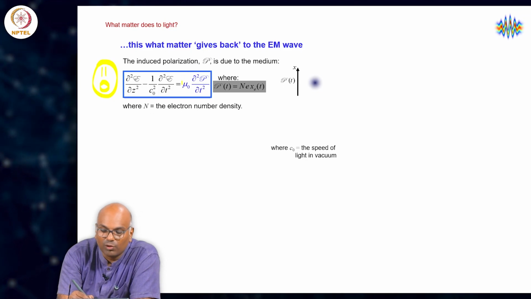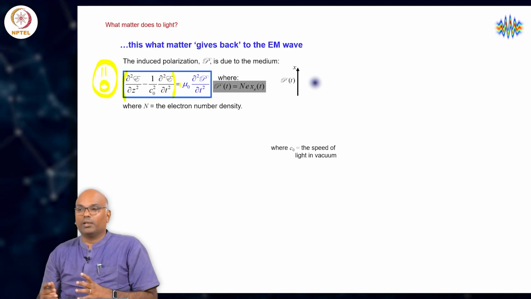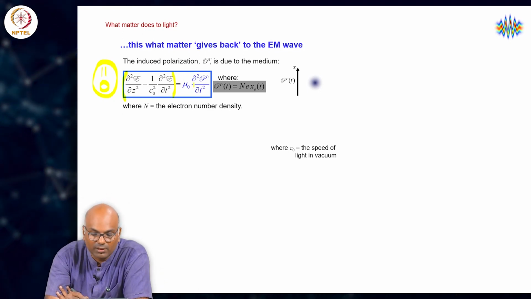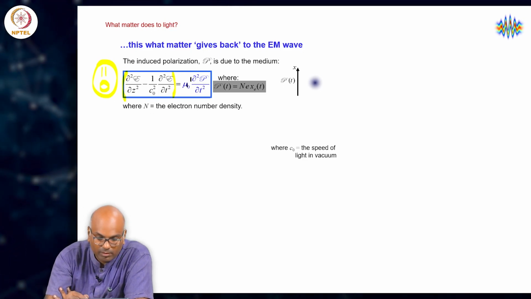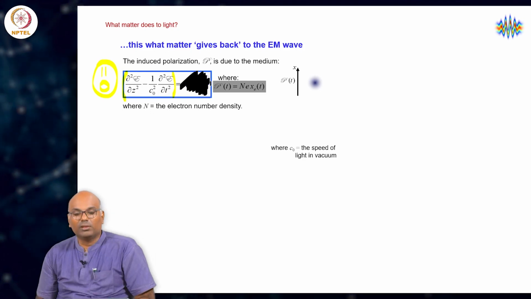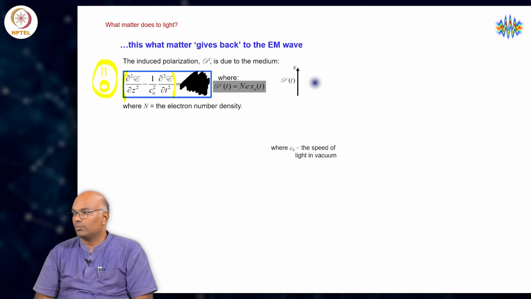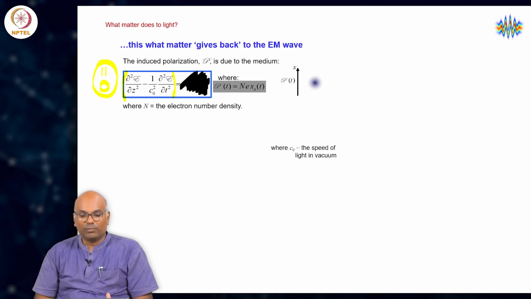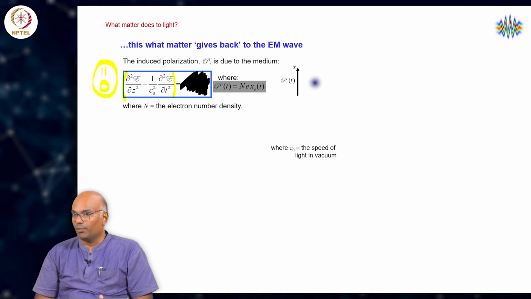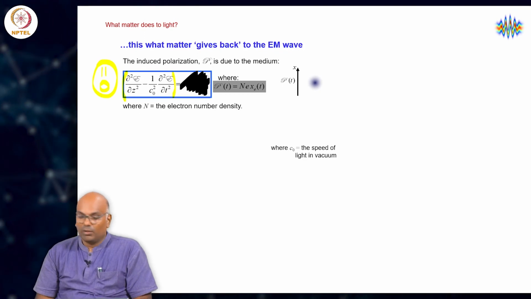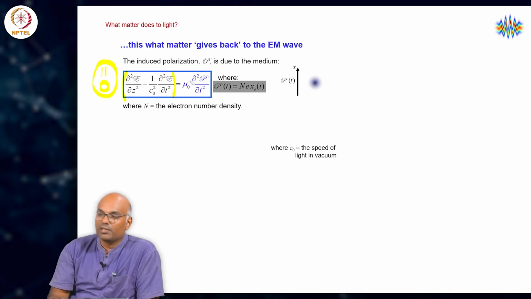If this was the homogeneous equation, where the left hand side was just this and equal to 0 on the right, and we did not have this term for P, then it is just a free propagating wave, an electromagnetic wave propagating in ideal vacuum.